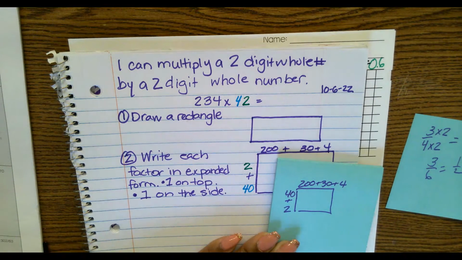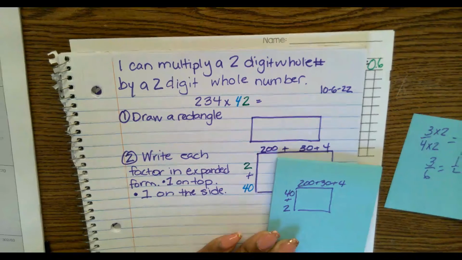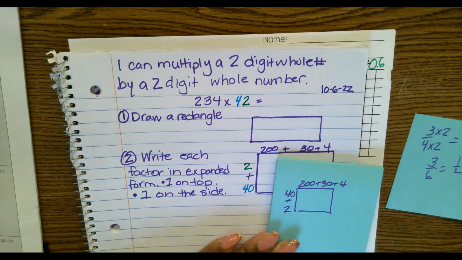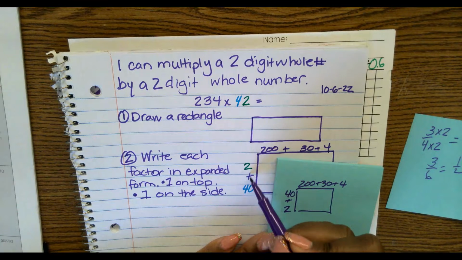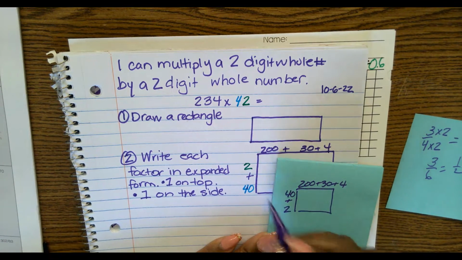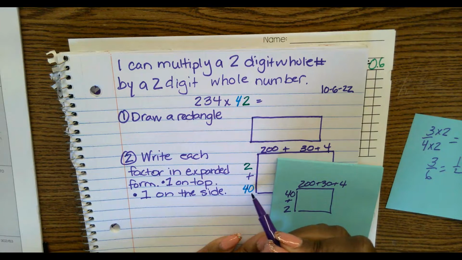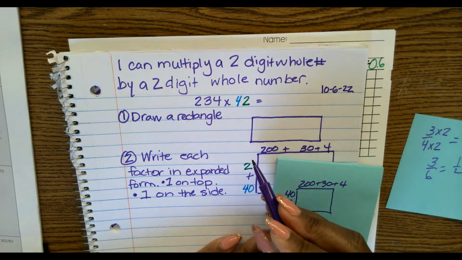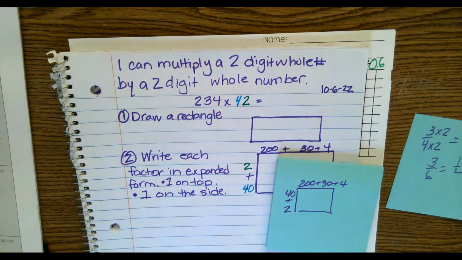This is important because we need to make sure that our partial products for each row match what we would see in the standard algorithm of multiplication. And you guys will see what I'm talking about definitely tomorrow, okay? So I want you to flip this, and instead of writing 40 plus 2 going that way, I want you to write whatever that first part of your expanded form is at the bottom and work your way up so that it will match.